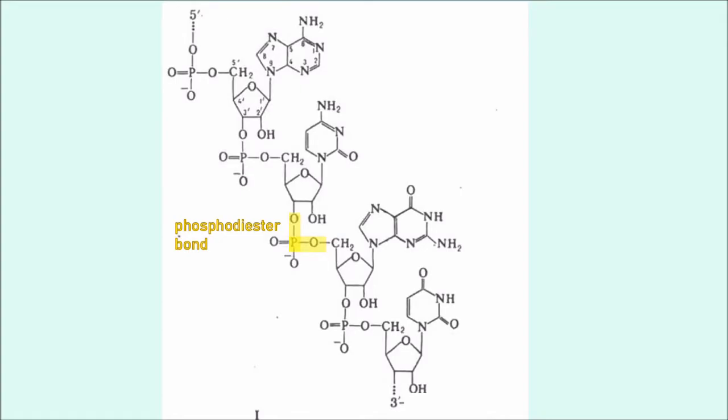Now you know that these nucleic acids are a very, very long chain, and the two ends, so the very ends of the chain, they are different from each other. They differ by what is found at the end of them, quite simply. And to distinguish between the two ends that are quite different, we say that one end is the 5' end and the other end is the 3' end.